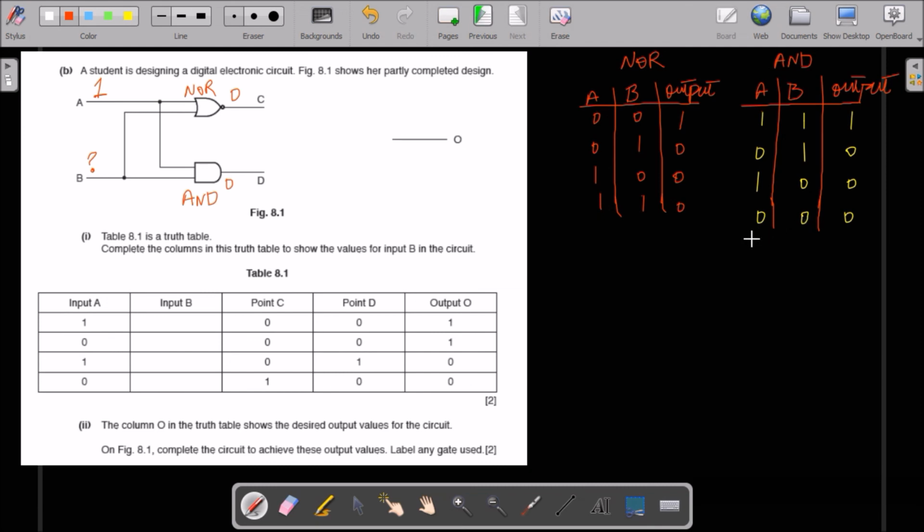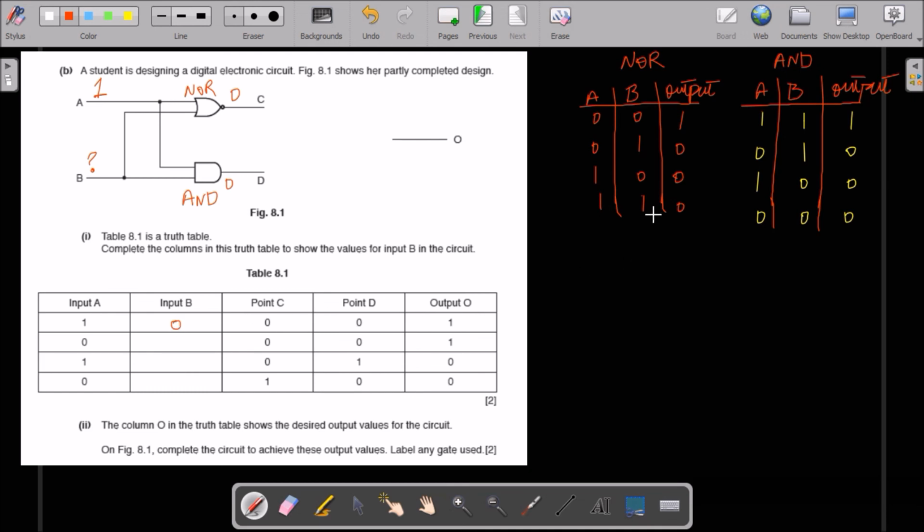Now, you should find B. If you put 0 for B, now check output C and D. Input A is 1, input B is 0.